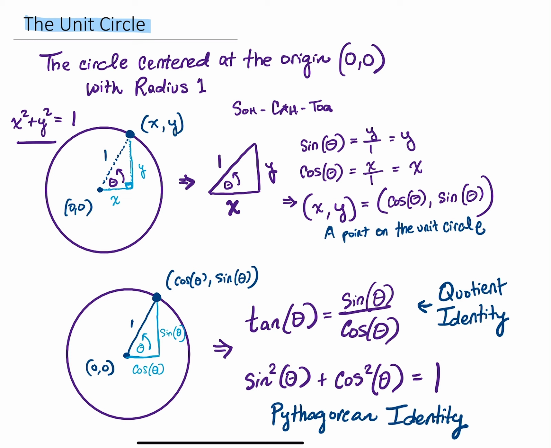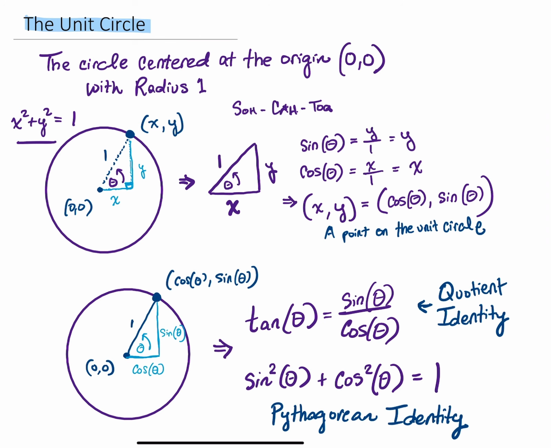A lot of times we want to express things in terms of the sine and the cosine. So a big part of learning these identities is learning how to change one expression in one trig function into something with just sine and cosine. And we'll see why that's useful in a little bit.